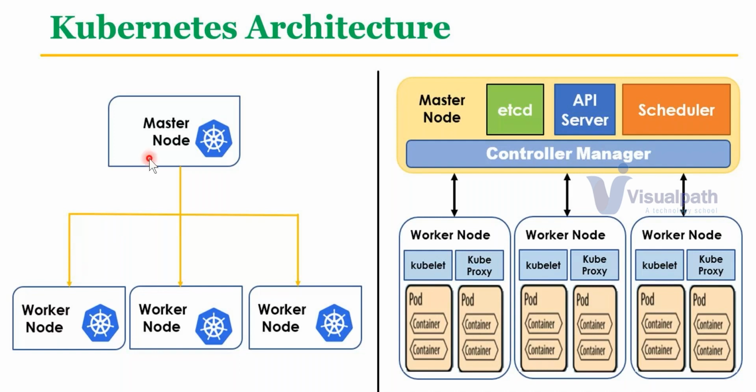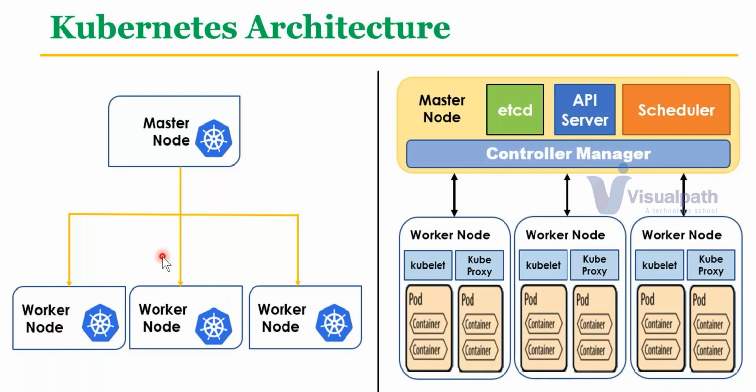Master node. So communication between master and worker nodes will be done by the master node. This guy will be managing the worker nodes. That is the job. Not the pods, not your containers. Containers will be managed by the worker node. Each individual worker node will be managing your containers, but who's managing the worker node? Master node.